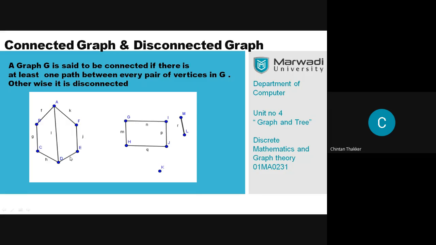Okay? So connected means you can find at least one path between any two vertices of the graph.